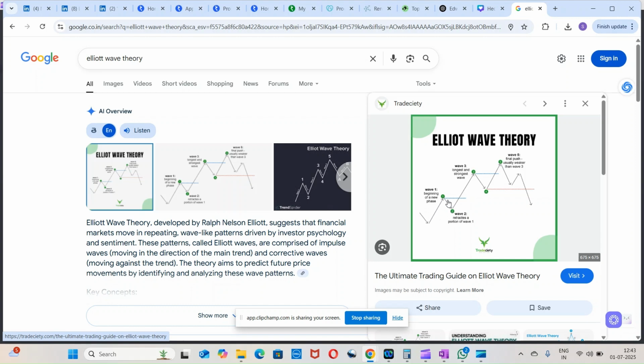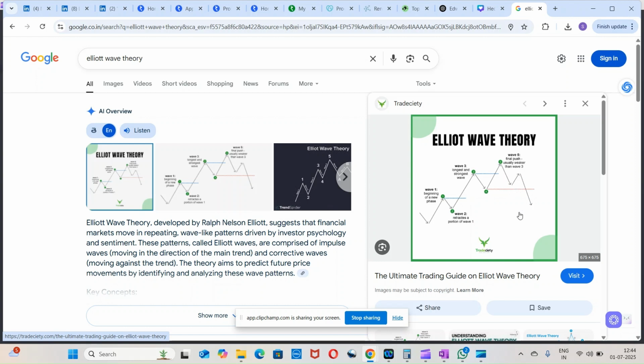Then wave two will move to wave three, which is generally the longest and the strongest wave, and then it will retrace to wave four. Again, this is based on Fibonacci ratios, and then it goes to wave five, which is the final wave. Then the market will usually become weaker here, and a three-wave retracement will happen. So first, second, and third.